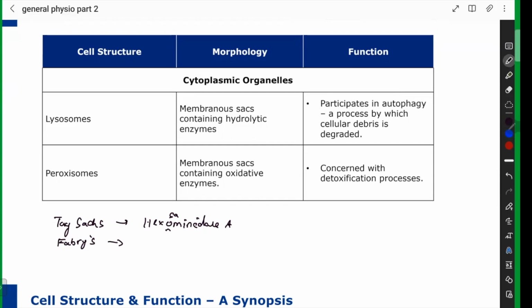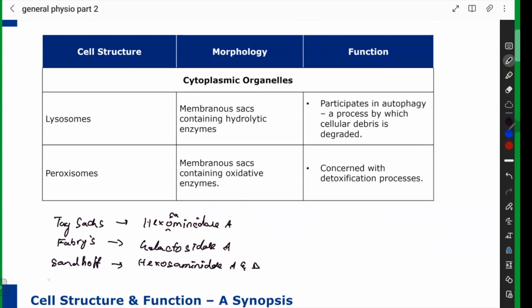Then Tay-Sachs: ganglioside GM2 accumulation due to the deficiency of hexosaminidase A. Now Fabry's disease is due to the accumulation of trihexosyl ceramide due to the deficiency of galactosidase A. Coming to the fourth one, Sandhoff's disease, due to deficiency of hexosaminidase A and B, with accumulation of ganglioside GM2 and globoside.